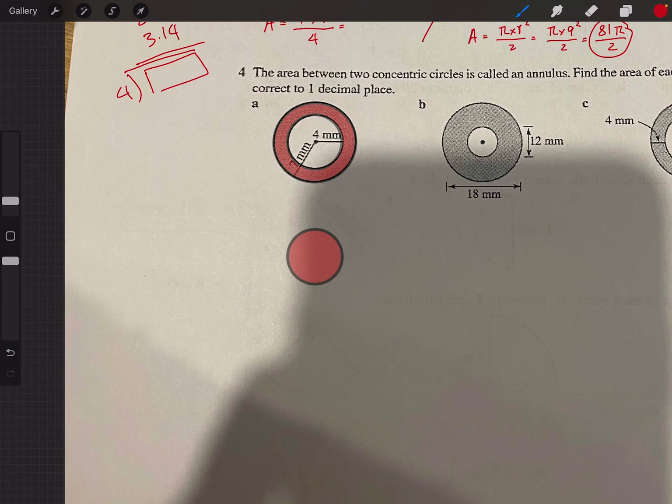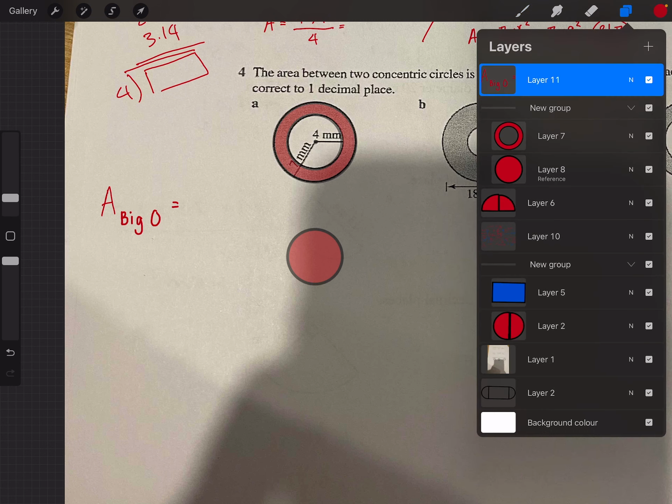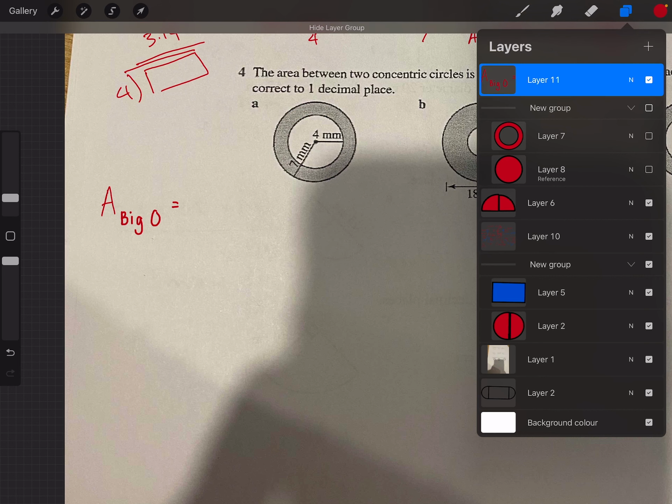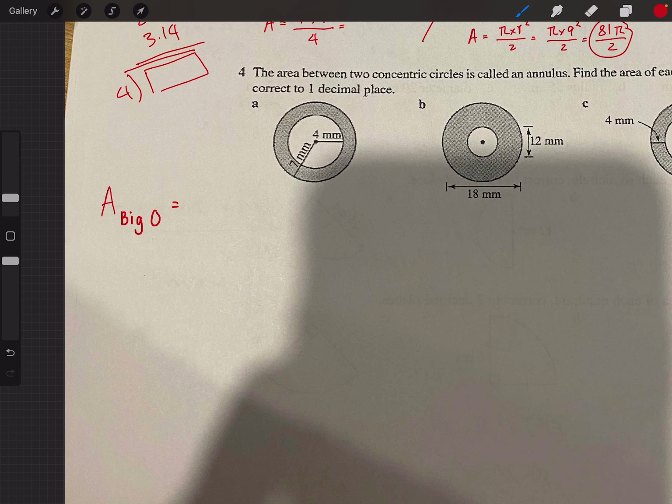So the area for the big circle is pi times radius squared, which equals pi times, what's the radius of the big circle?